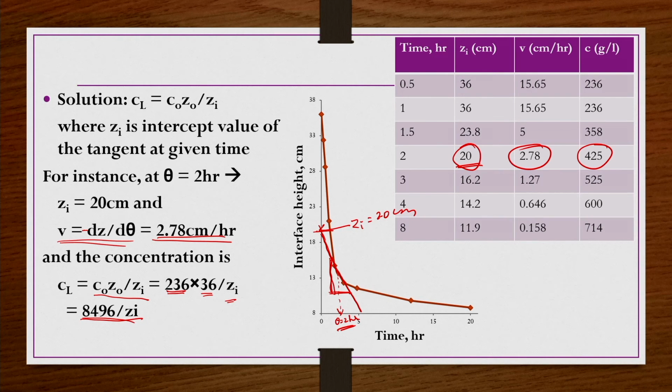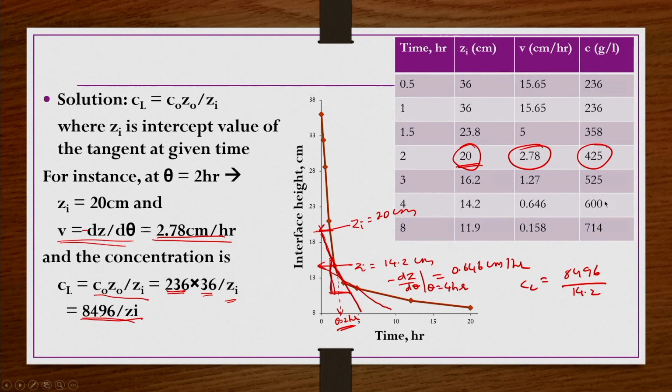right. Let us say if you do it at 4 hours time, at this point if you draw a kind of tangent like this at this 4 hours point, now Zi is going to be something like 14.2 centimeters, and then minus dz by d theta of this line at theta equals 4 hours is nothing but 0.646 centimeter per hour, and then CL for this time is 8496 divided by Zi, 14.2.